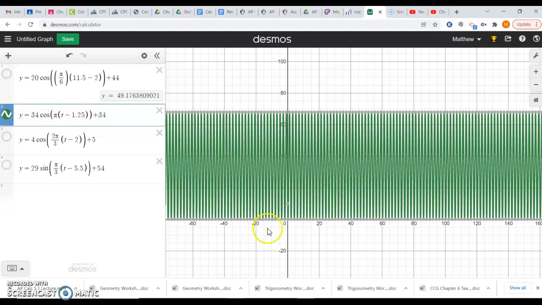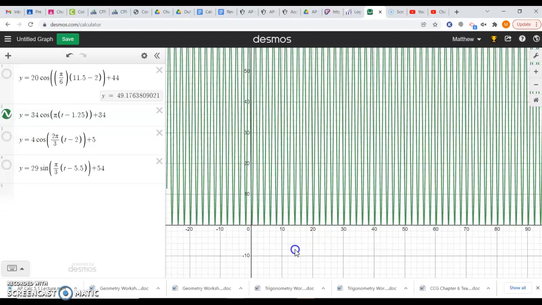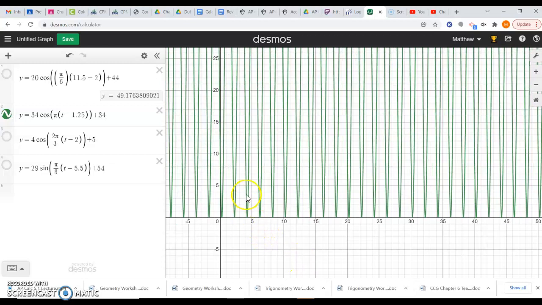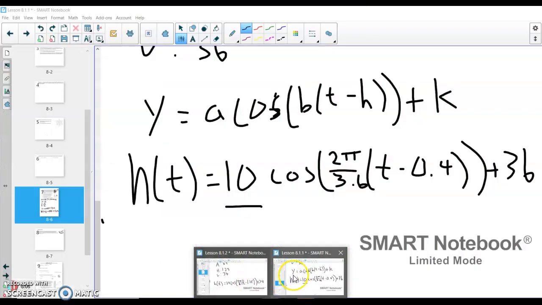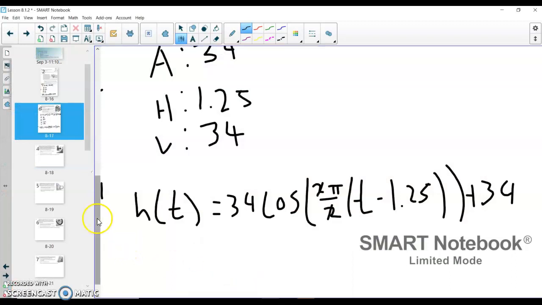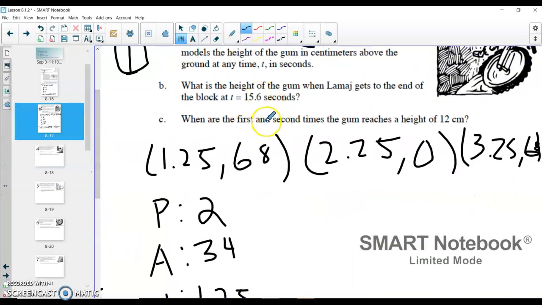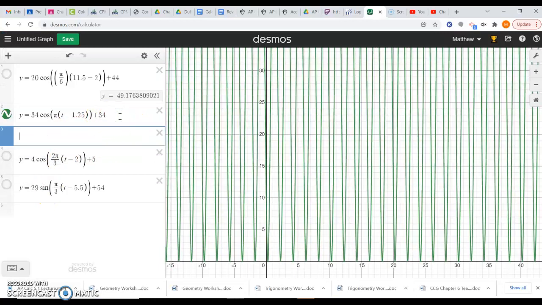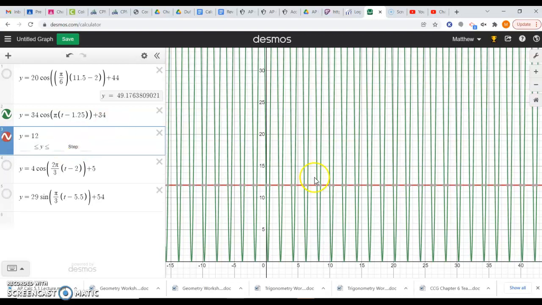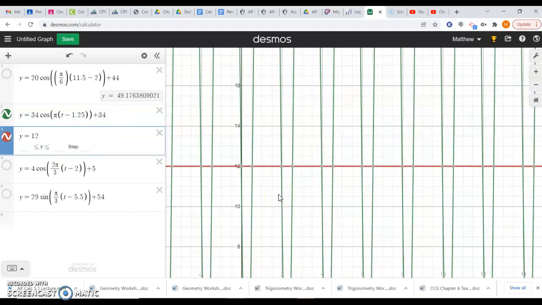Now let's go back to the curve itself to answer the next question. It's pretty messy looking right now, but we can zoom in and make it a little better. There we go, not as bad. The next question asks, when are the first and second times that the gum reaches a height of 12 centimeters? To answer that using Desmos, I'm going to graph y equals 12, which represents a height of 12, and look at the first and second times that happens.